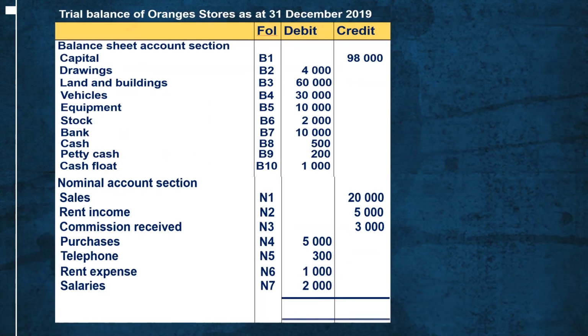We then add up all the amounts of accounts recorded in the debit column, which total to 126,000 Namibian dollars, and also add up all the amounts of accounts recorded in the credit column, which total to 126,000 Namibian dollars. Therefore, the debit column and the credit column should always have the same amount.